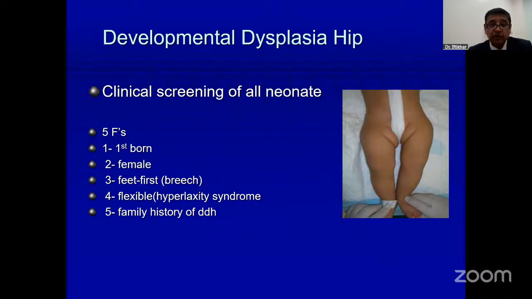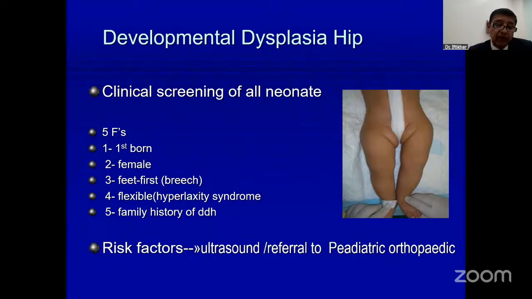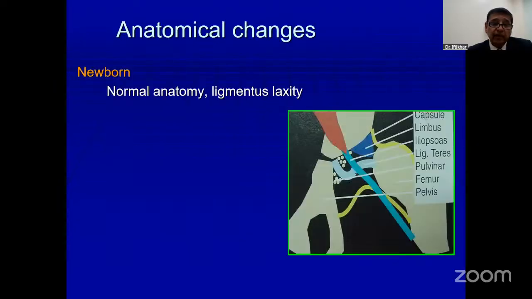These are the risk factors which can let you think in that direction. If you have those risk factors, the next thing to do is an ultrasound to proceed with management, or you can refer to pediatric orthopedics from that point onward.